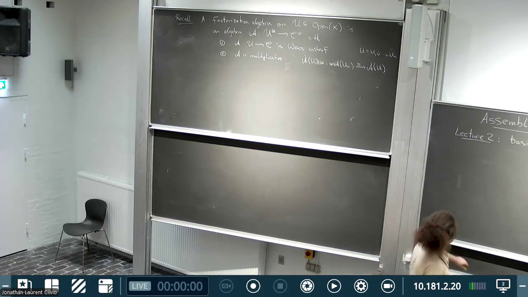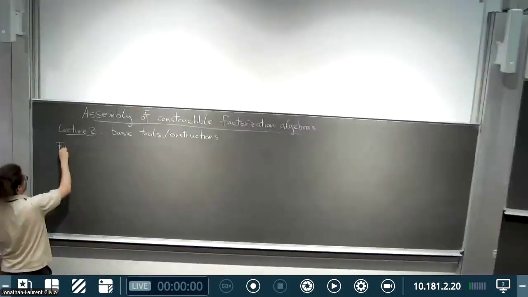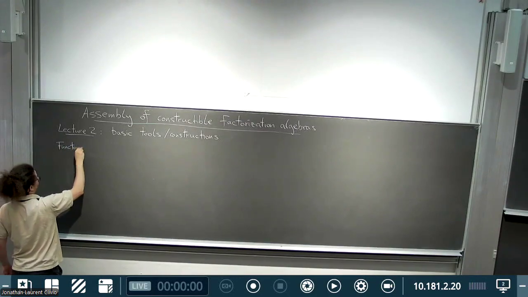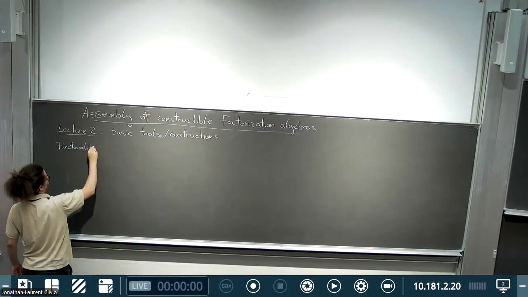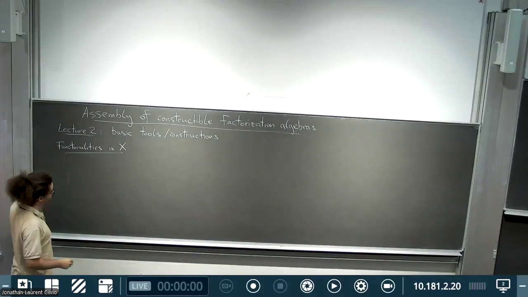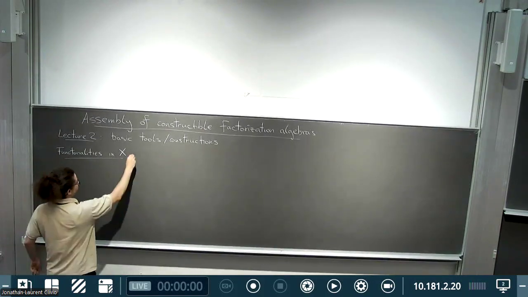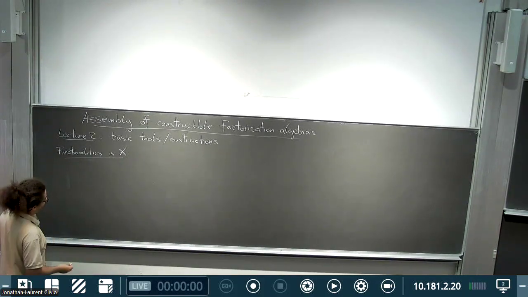Okay, so the first thing we have are some functorialities in X. So basically the question is what happens if we change the topological space. And there are two basic functorialities.